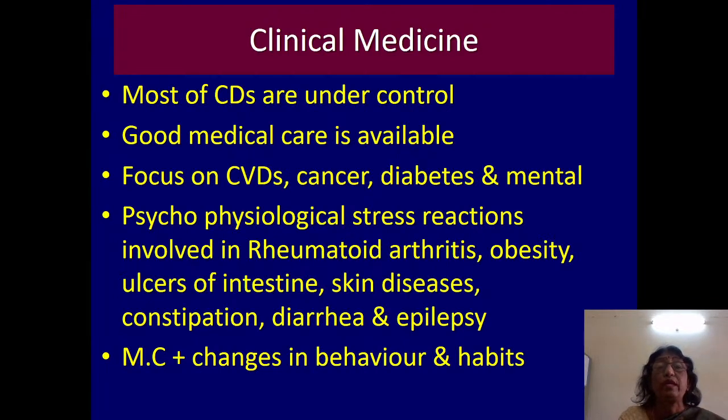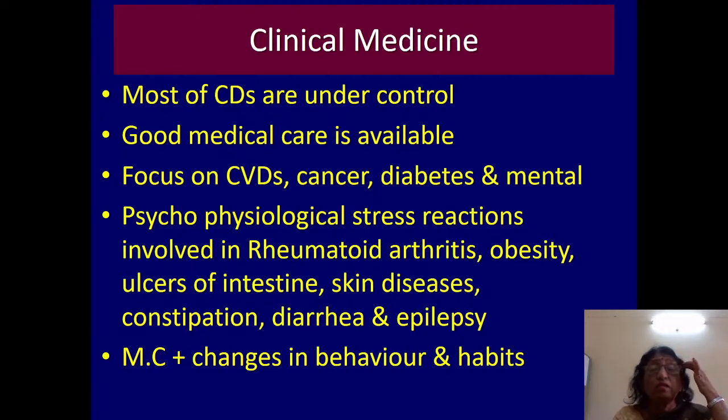So they wanted to find out the stress related to these diseases, physiological stress reactions, especially in rheumatoid arthritis, obesity, ulcers of the intestine, skin disease, constipation, diarrhea, epilepsy.